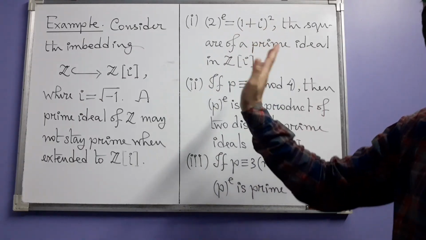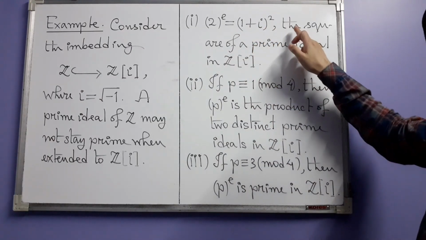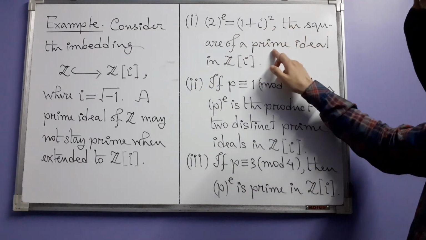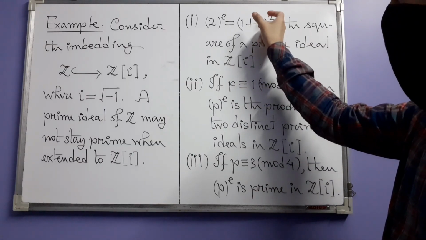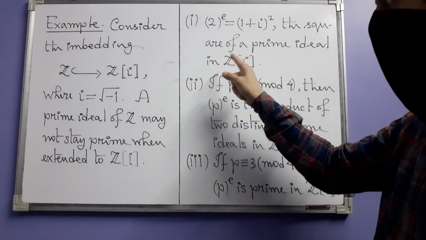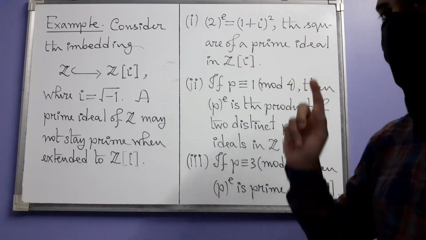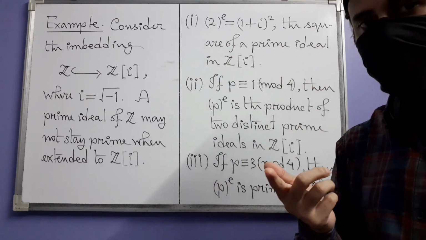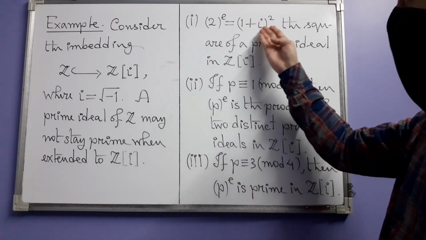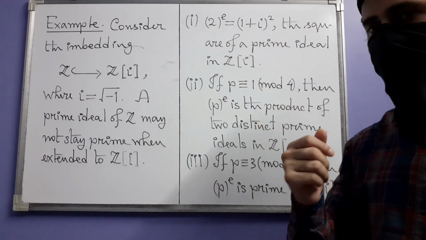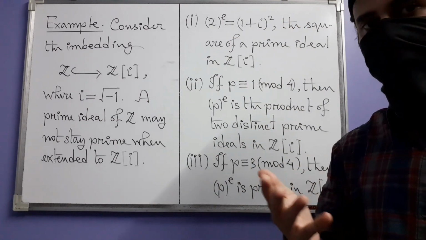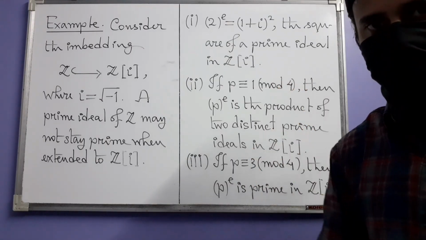This is itself not prime. Instead it is the square of a prime ideal in Z[i]. The principal ideal in Z[i] generated by the complex number 1 plus i is prime, and this extension turns out to be its square. But then next we have the odd primes, and odd primes come in two classes.